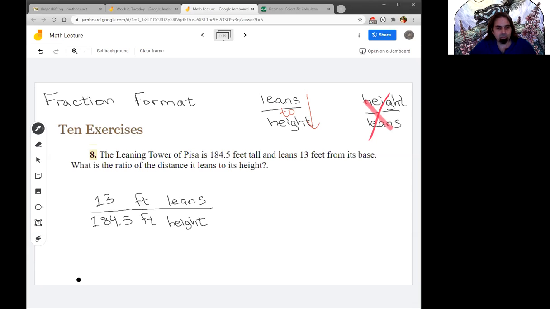We don't have to reduce this or do anything with it. We're just writing one number above another number, but in the order that they ask us to. Oh, I see. So that is the ratio. Yep, that's it. The most common mistake you'll make all term is making things harder than they are. All you're doing is writing one number over another.